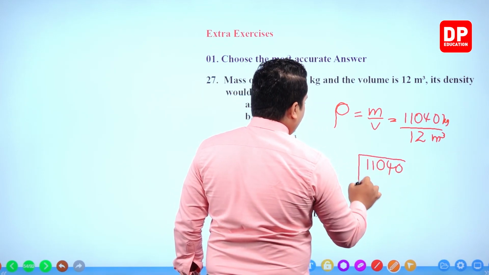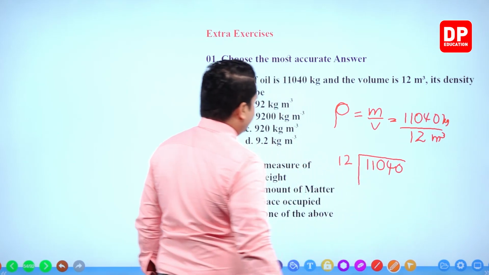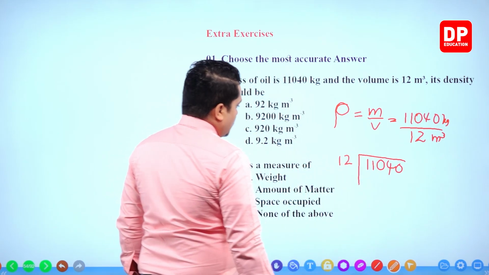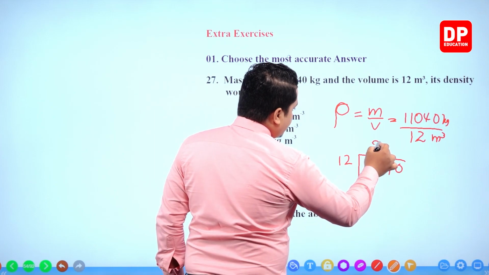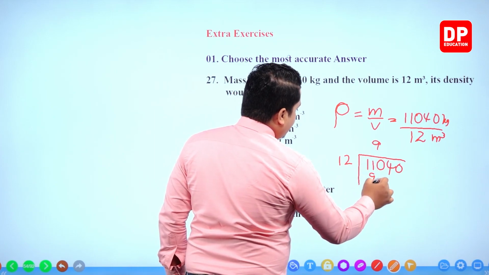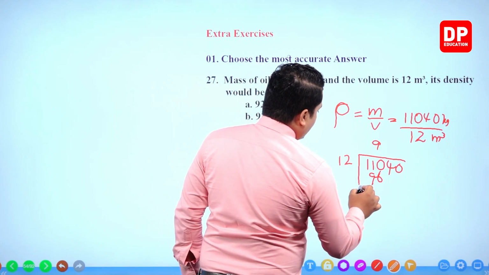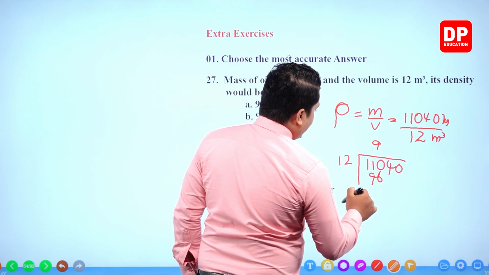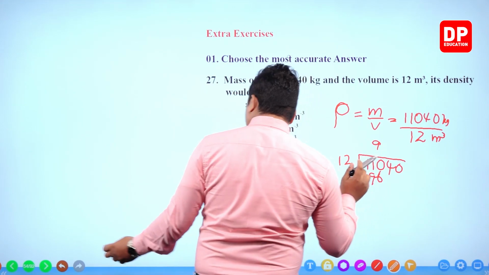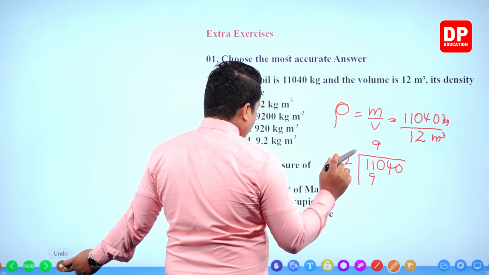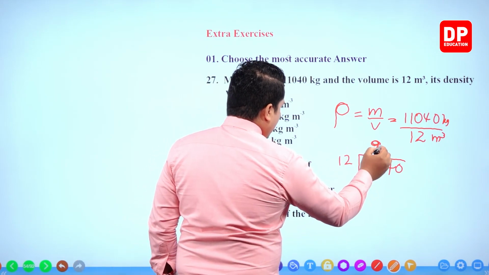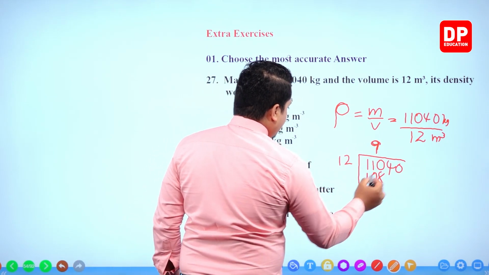40 should be divided by 12. So here it's 9, 96. So the remainder, so here 908.